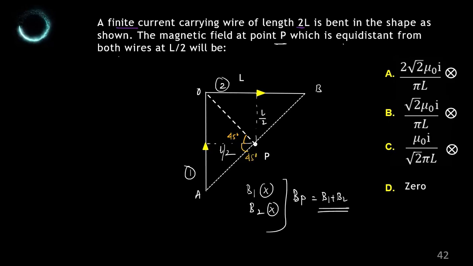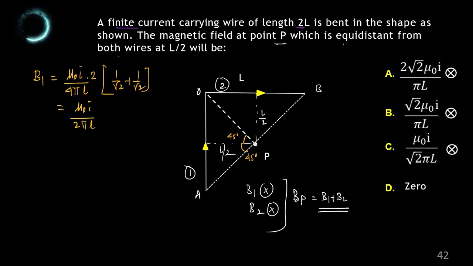So B1 is mu naught I by 4 pi d, where d is L by 2, into sine theta 1 plus sine theta 2, that is 1 by root 2 plus 1 by root 2. Ultimately we are left with mu naught I by 2 pi L into 2 by root 2, that means mu naught I by root 2 times pi L.